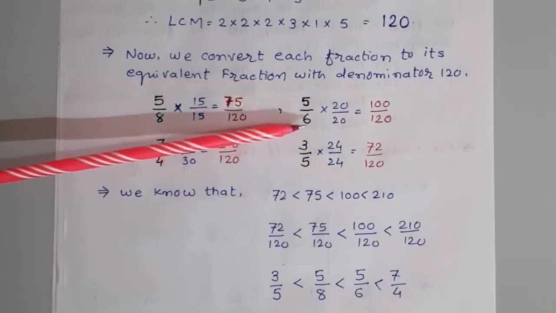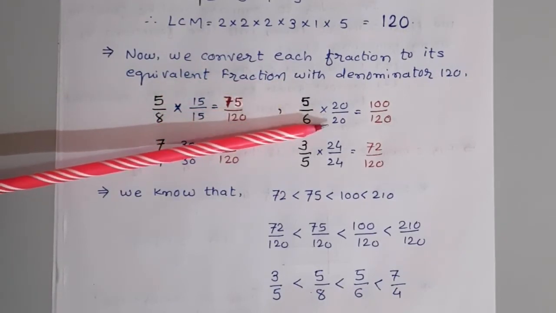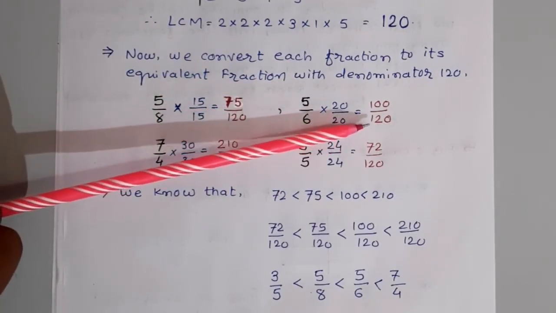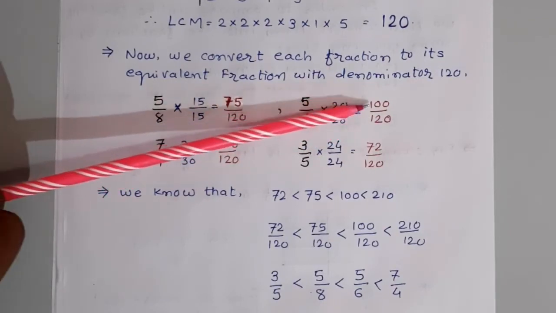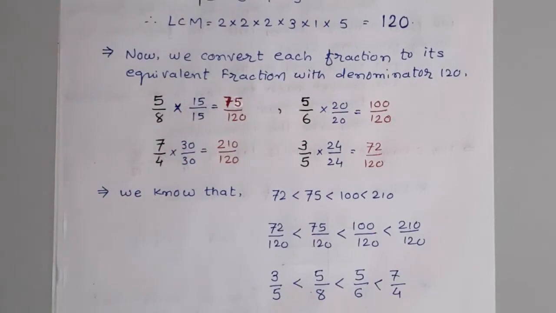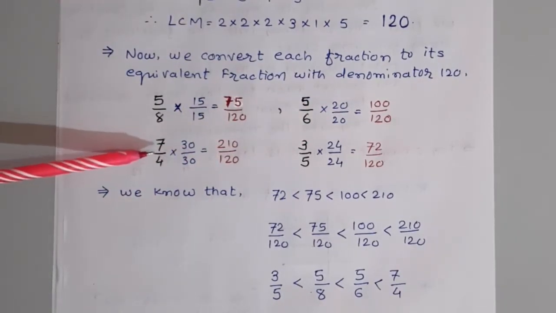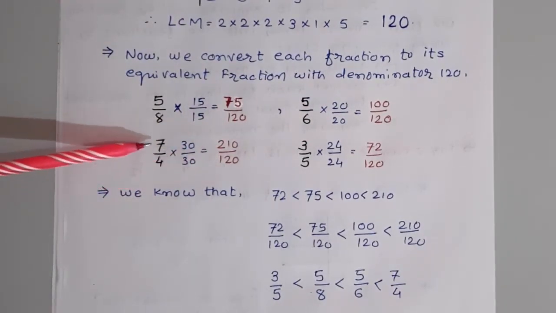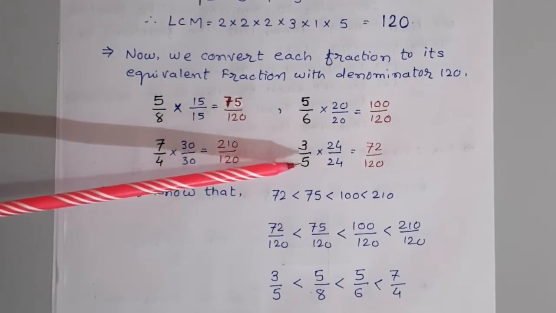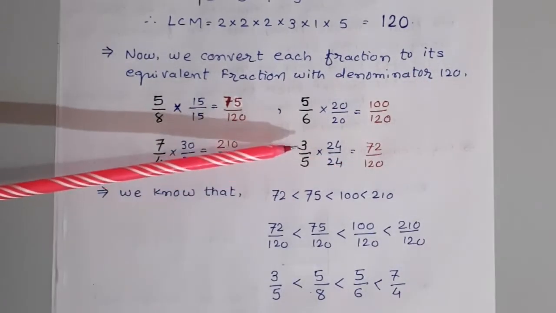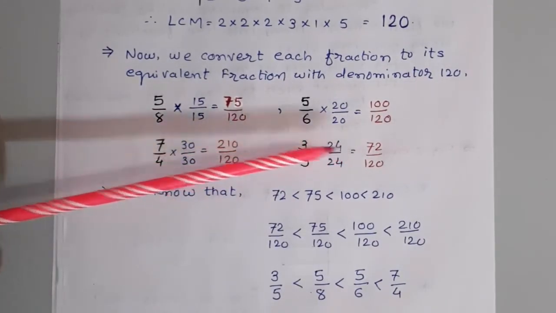Same way 5 upon 6, we have to multiply by 20, so that we get 120 in the denominator. So 5 20s are 100, 6 20s are 120. Same way 4 30s are 120, so 7 30s are 210, and 5 24s are 120, so 3 24s are 72.